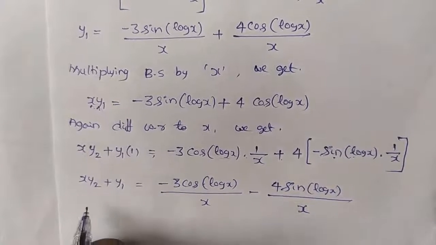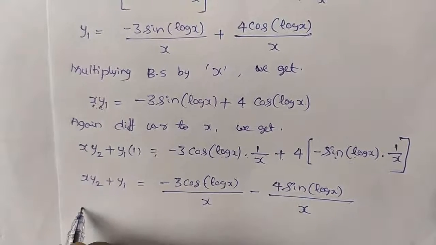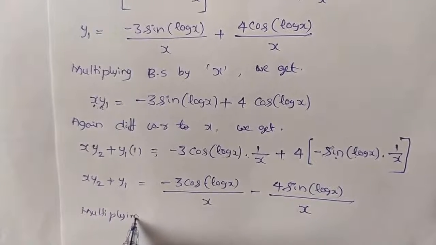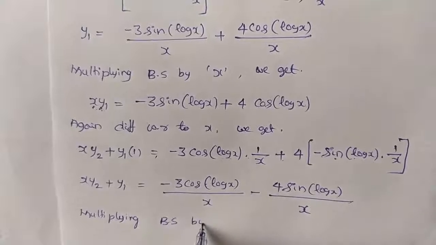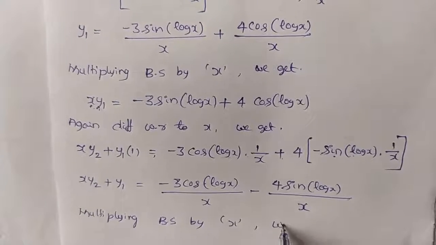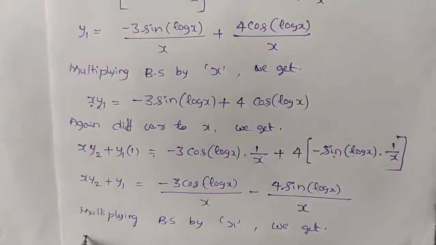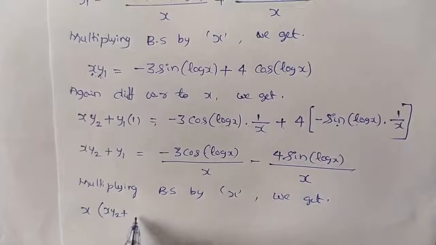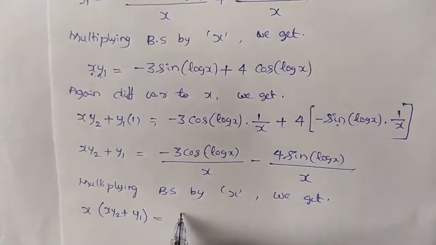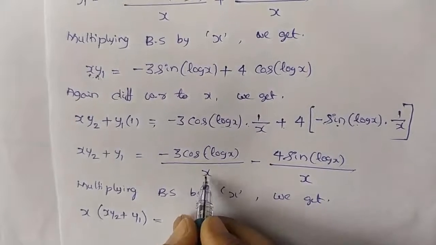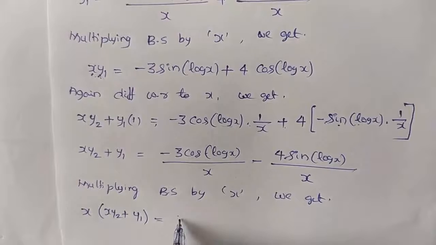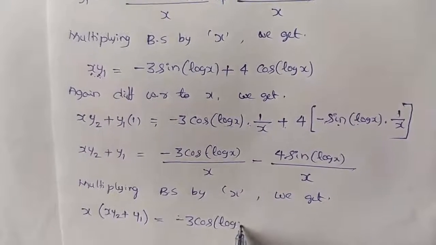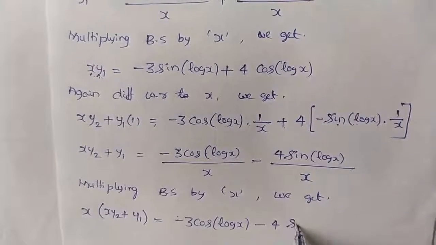Let us multiply both sides by x. Then we get x into x y2 plus y1 equals, this will get cancelled, therefore minus 3 cos of log x minus 4 sin of log x.